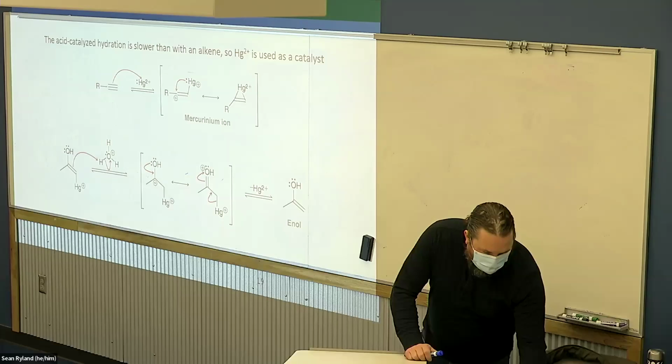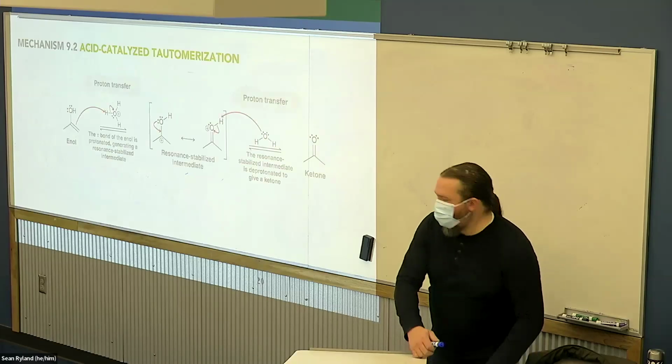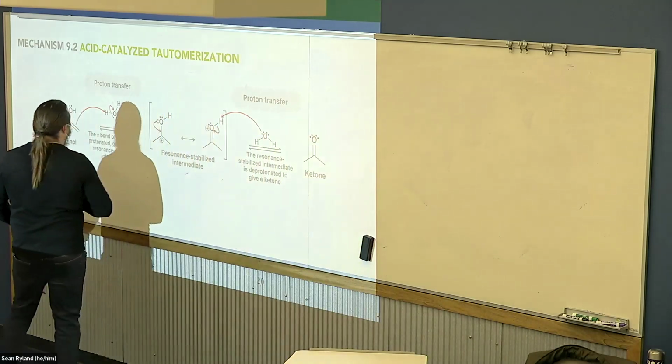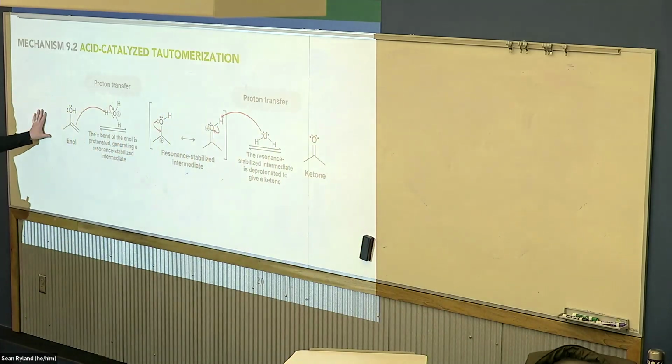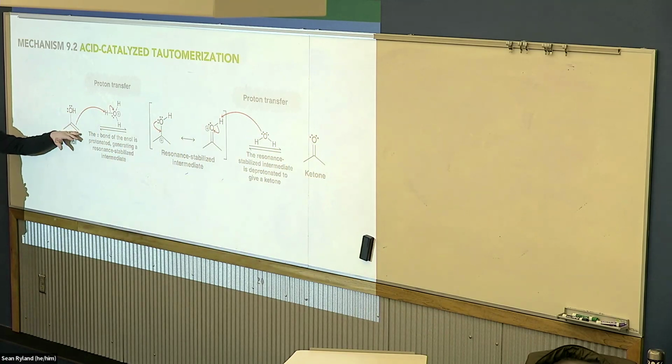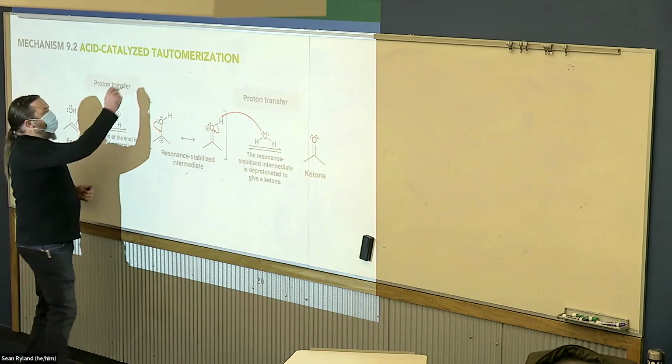Basically, if you draw out all of the structure, it actually kind of makes sense. And this is actually one where it can be acid catalyzed or base catalyzed. Acid catalyzed is a little bit more common. They call this process, where we're making a different isomer with the same atoms, tautomerization. It's an ongoing equilibrium process.